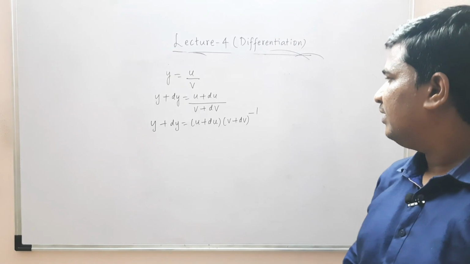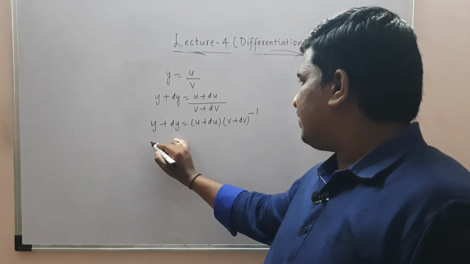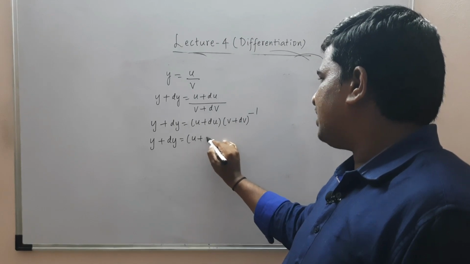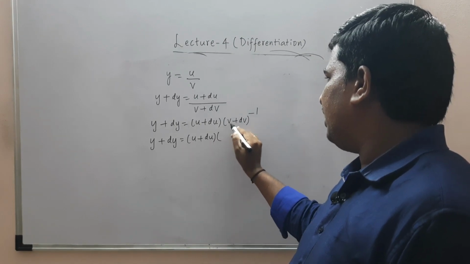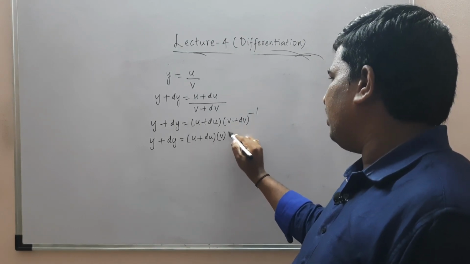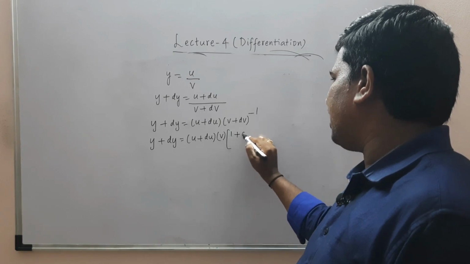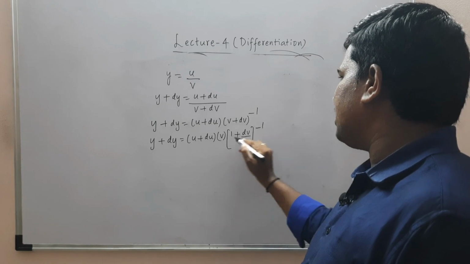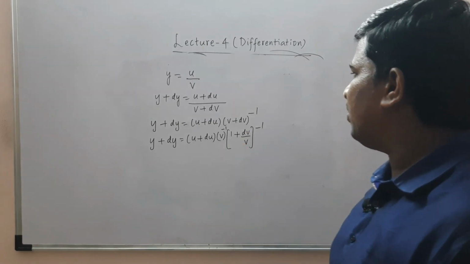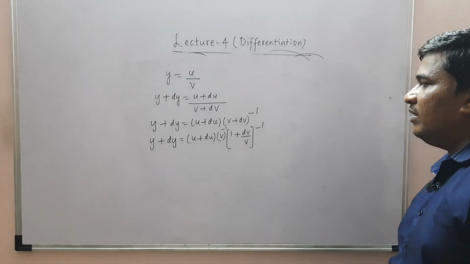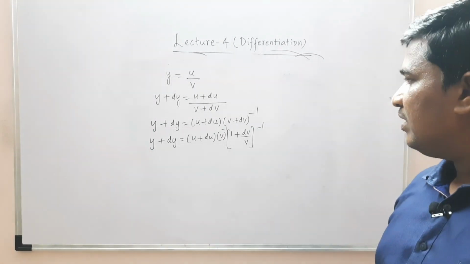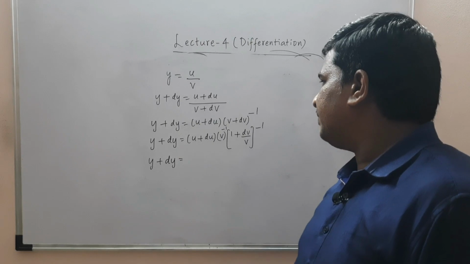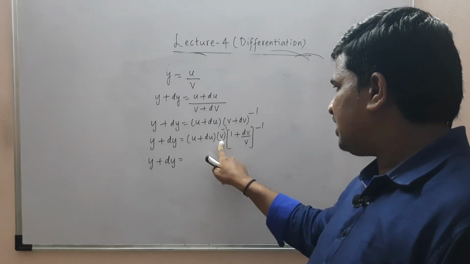Obviously I can write. So here y plus dy equal to u plus du into, let me take v out, this expression can be written as 1 plus dv by v whole power minus 1. So here also you'll have minus 1 because v is out. Right? So the next step I write is y plus dy is, this v power minus 1 is 1 by v.